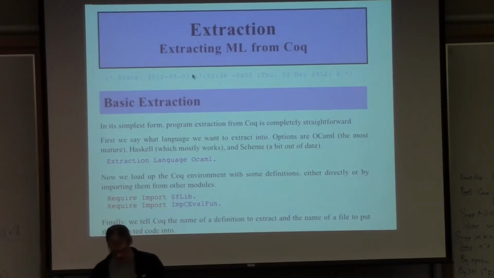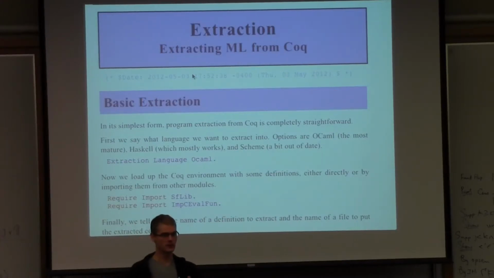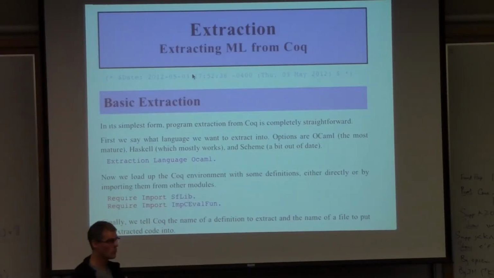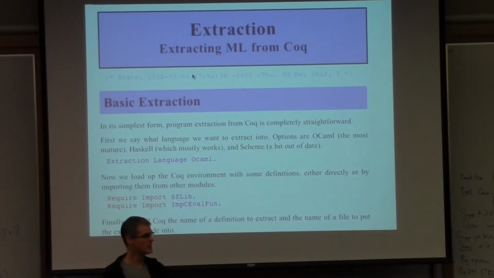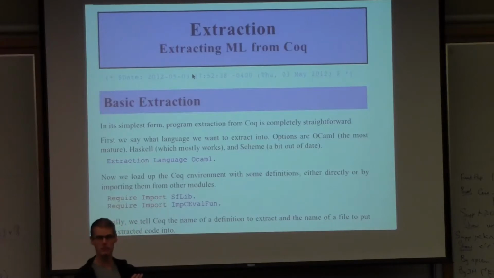So a few high-level words. Officially, you can extract to OCaml, Haskell, or Scheme. What I've been told is that the Scheme basically doesn't really work. It's of historical interest only. And that people that have tried to do Haskell extraction have been a little less happy with the maturity of the extractor and the amount of fiddling that you have to do to get it to really do what you want.